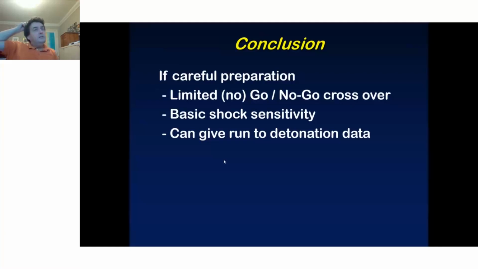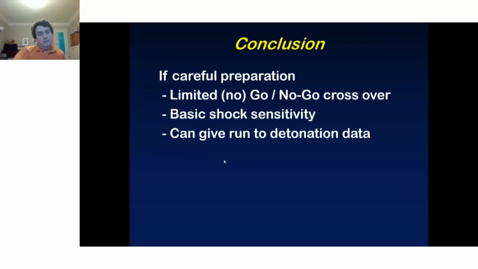They're 25 millimeters tall. We started pressing the column using a 0.5 millimeter amount of material, pressed it down, took it out, put in another 0.5 millimeter of material, pressed it down, took it out. So they all took about 100 or so pressing operations to produce a single column, and that gave them very consistent density. And because of that consistency in preparation, we could get the very limited go-no-go crossover.